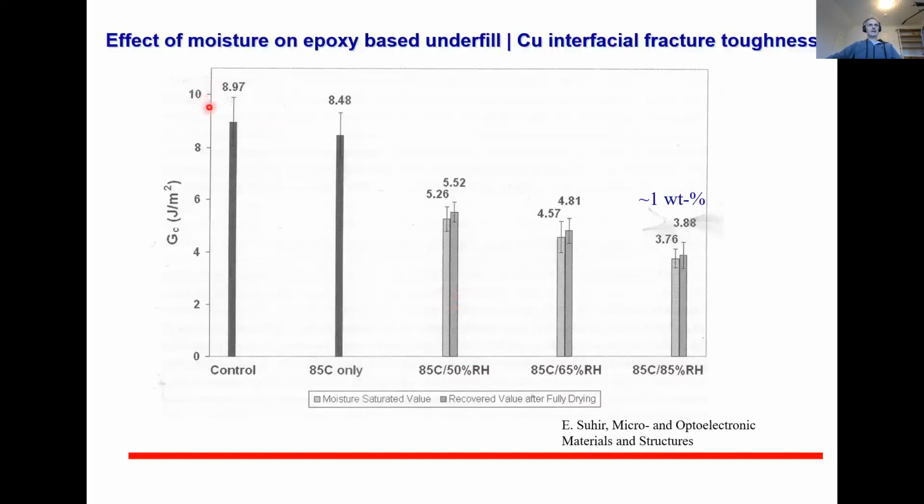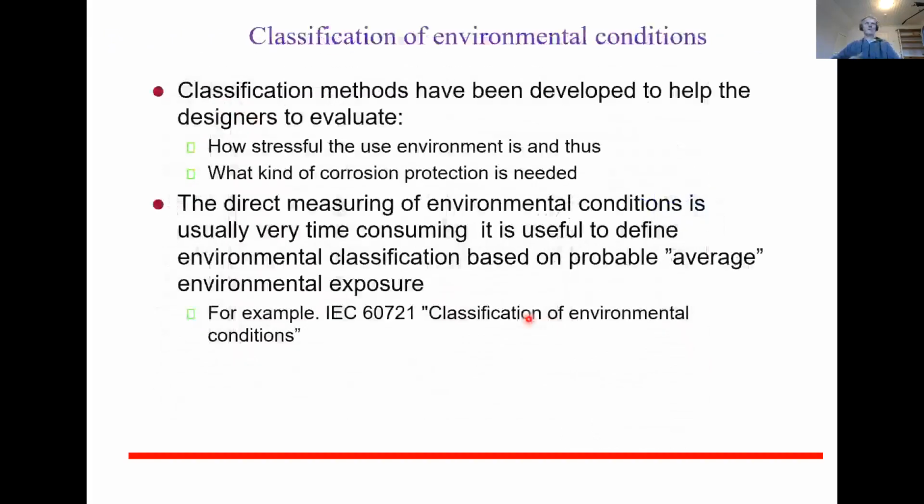So it's quite a drastic decrease if you drop the classification of environmental conditions. So basically, the point is that we cannot measure every possible use environment, especially from the moisture and impurities point of view. Therefore, we need to have some design tools.